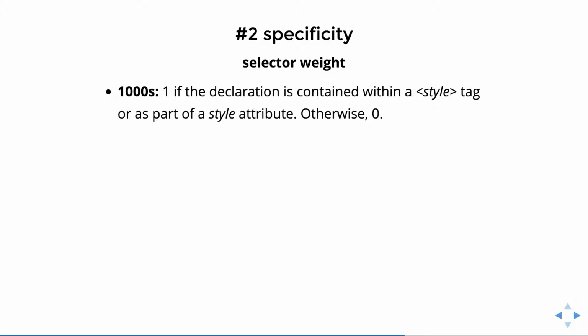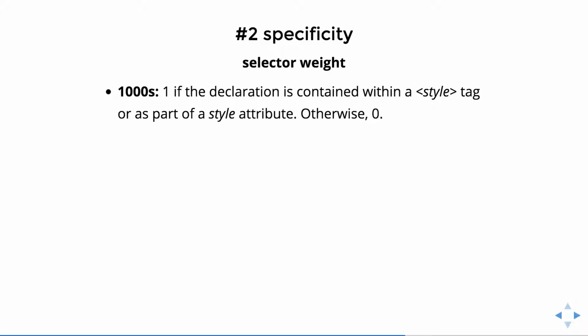If you have conflicting rules, the style tag wins every time. There is no way for the specificity to become greater. Remember, this is specificity.